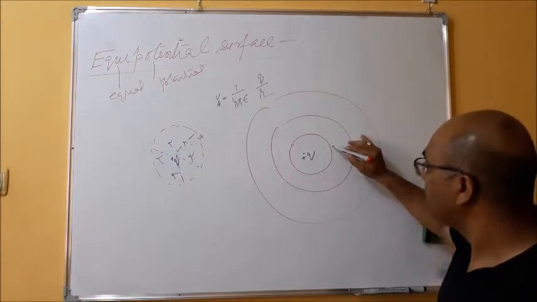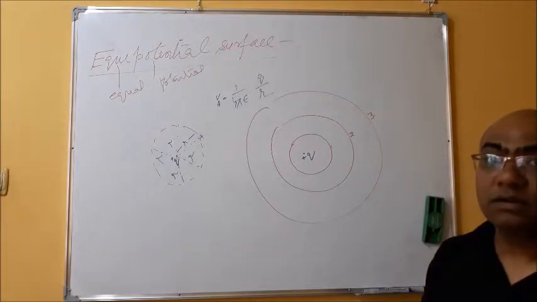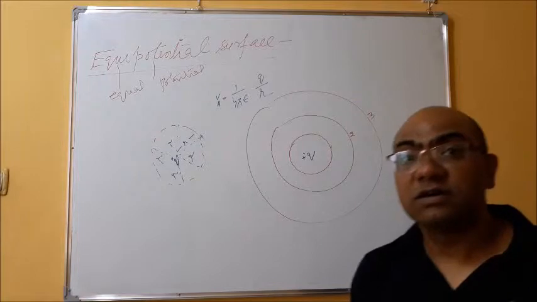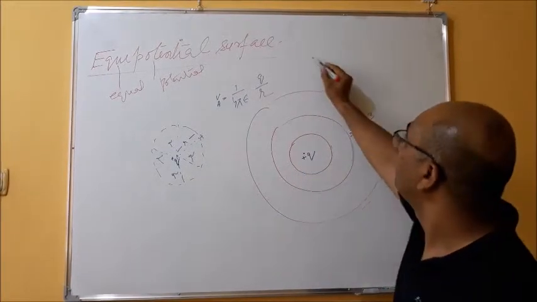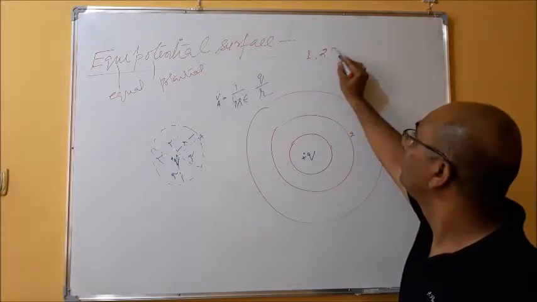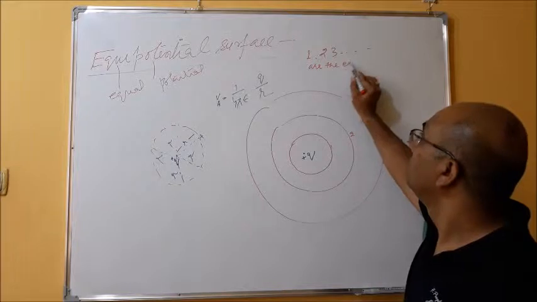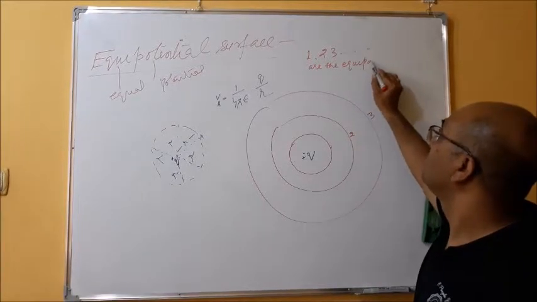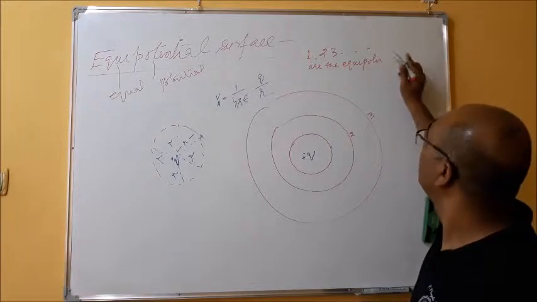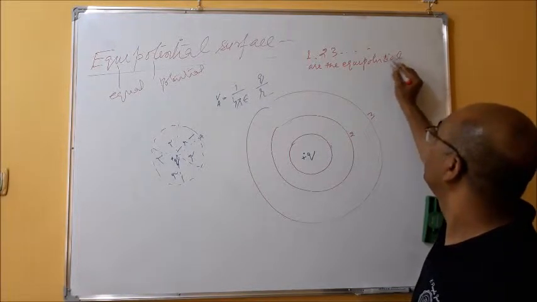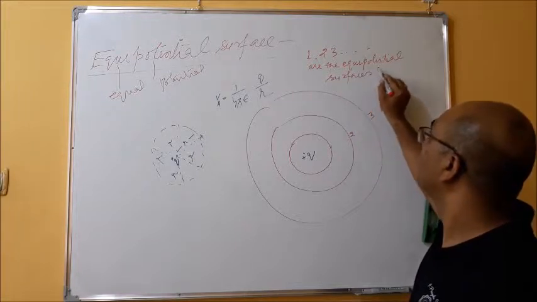So these circles 1, 2, 3 and so on are the equipotential surfaces for the point charge.